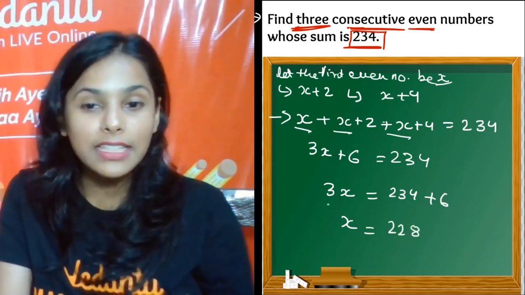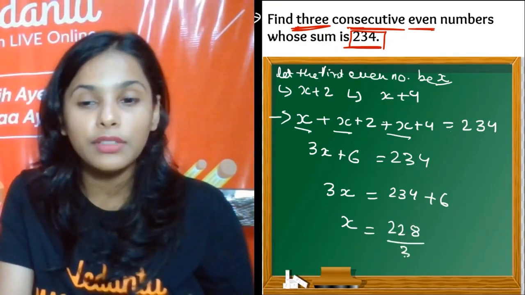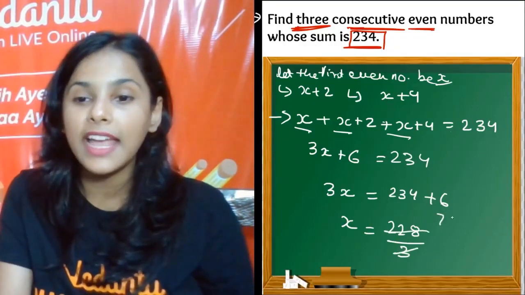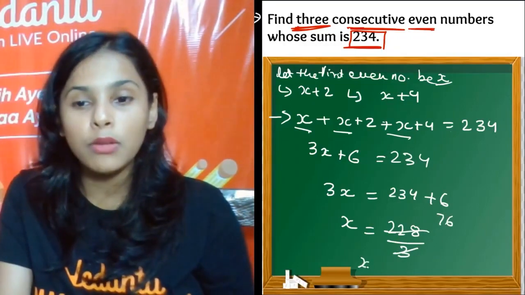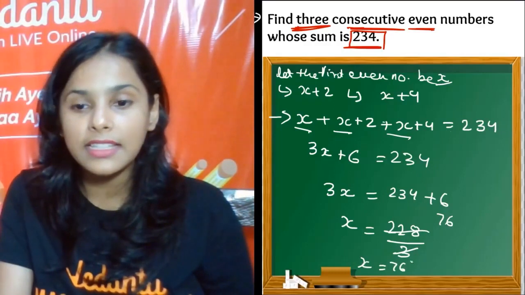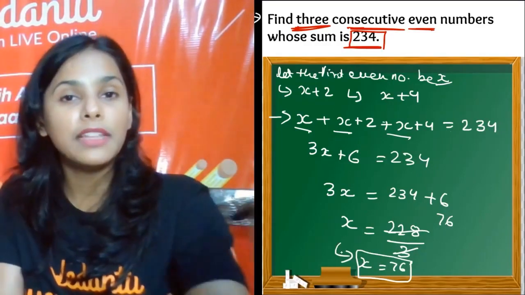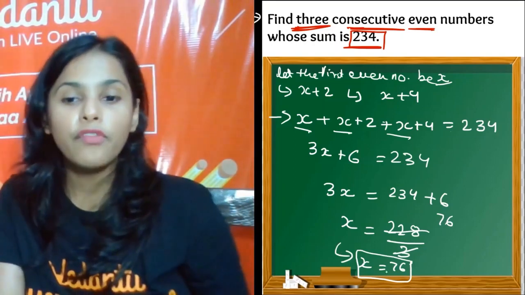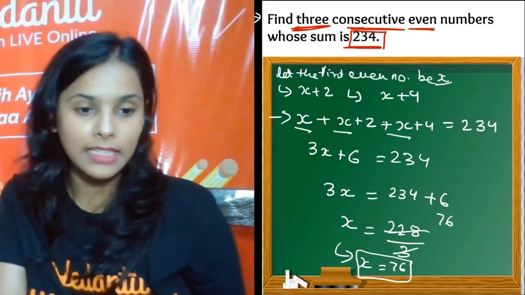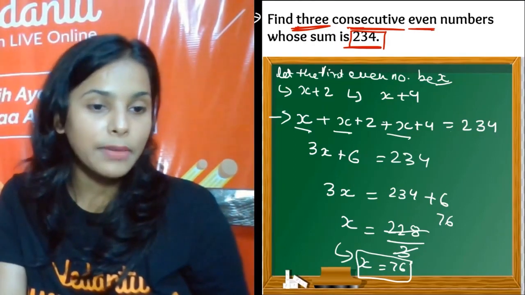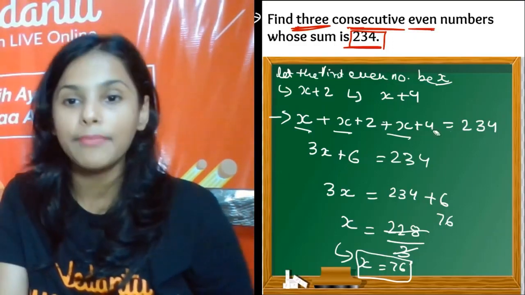And taking this 3 to the RHS, 228 upon 3, so 3, 7 and 6. So x would be equal to 76. So we had let x be the first even number. So the first even number is 76. आपने पहला number find out कर लिया, ठीक है?